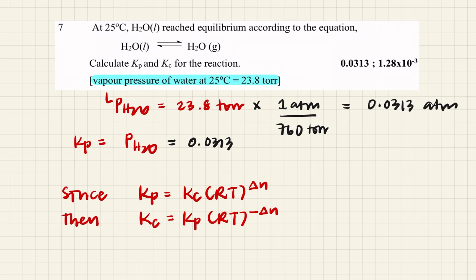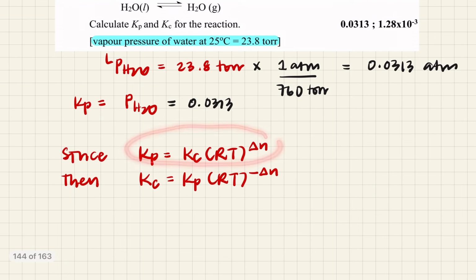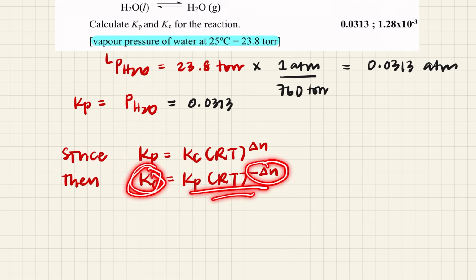So that means it is Kc equals to Kp over RT to the power of delta n, with a negative sign because you brought it down. Okay, so remember, this is the original formula, so when you rearrange it to find Kc, it is like this, you have negative delta n.